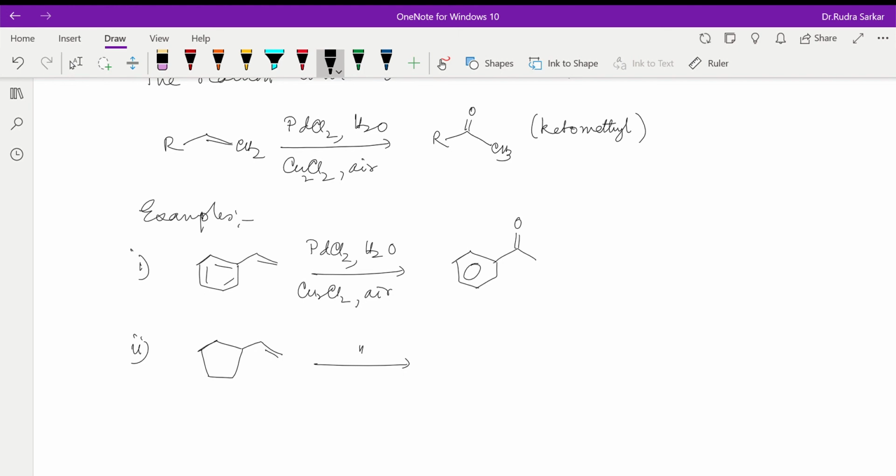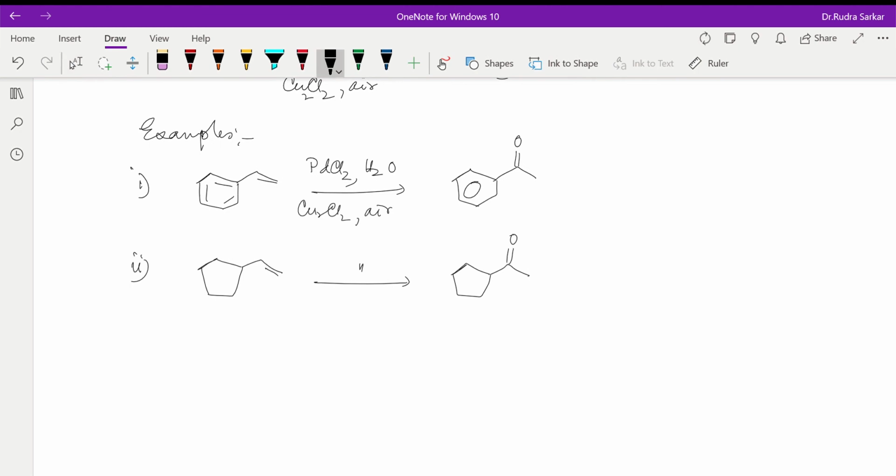Same reagent will be giving you something like this. Same reagent will be giving you this. Okay, so this is a very good method to synthesize ketomethyl groups from alkenes. Okay.